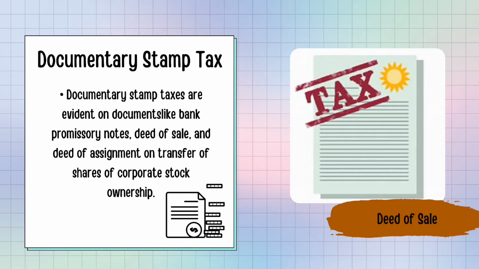Documentary stamp tax is imposed on documents, instruments, loan agreements, and papers that are used as evidence of acceptance, assignment, sale, or transfer of obligations, rights, or property. Documentary stamps are usually found on deeds of sale and bank promissory notes, among others.